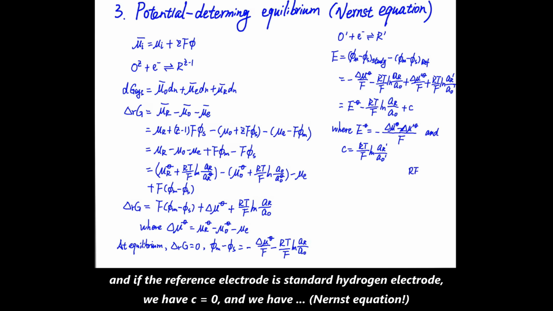And if the reference electrode is the standard hydrogen electrode, we have C equals 0, and we have E equals E standard minus RT over F ln aR over aO.